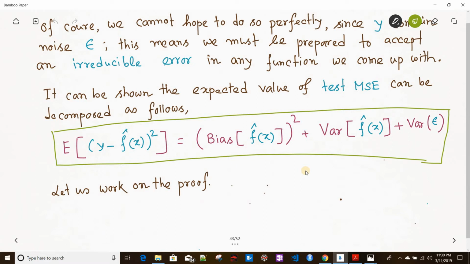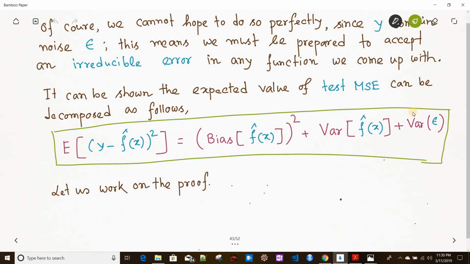The higher the bias, the lower the model fit, or the model accuracy, will be. Again, the higher the variance, the lower the model accuracy will be. And anyway, we cannot reduce this irreducible error.